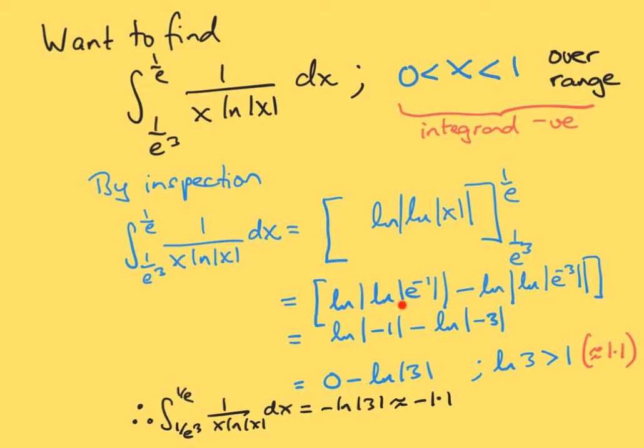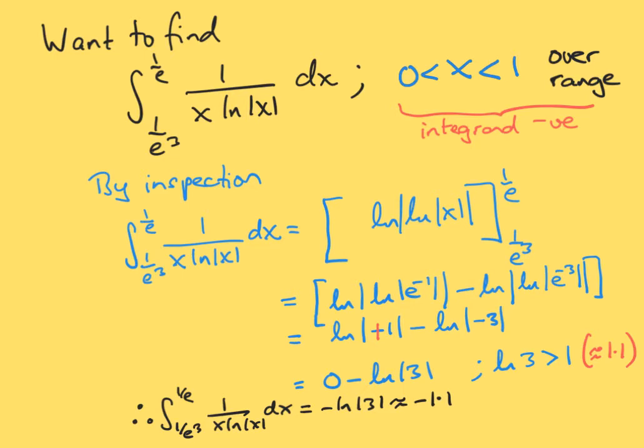So the log of e to the minus 1, e to the minus 1 is positive, and the log of e to the minus 1 is minus 1. But this is a modulus, so it's actually the logarithm, effectively, of plus 1. And the logarithm of plus 1 vanishes.